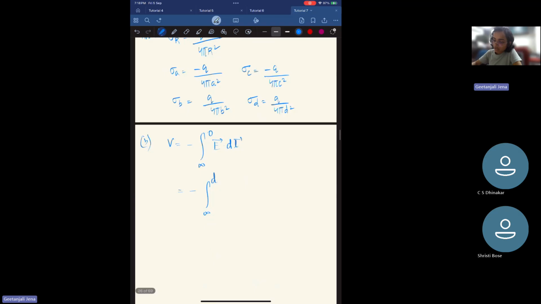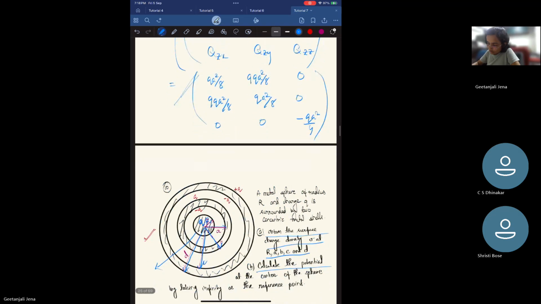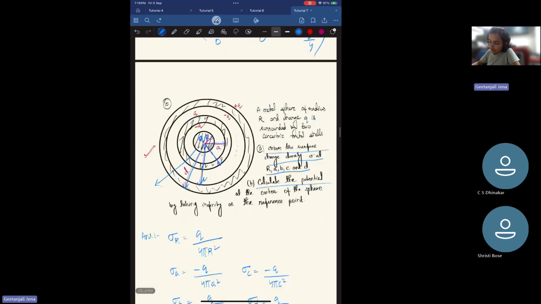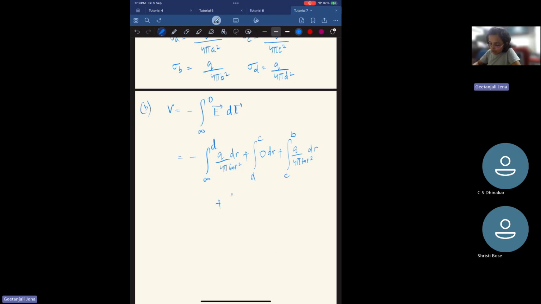So this will be Q by 4 pi epsilon naught r squared dr. And between D to C, electric field is 0, and from C to B, in this region, we'll have Q by 4 pi epsilon naught r squared dr. And from B to A, this is 0.